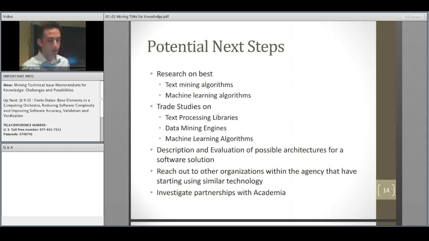Some potential next steps would be to just do some research and figure out what the best text mining algorithms and text processes are that we need for our solution. Perform trade studies on libraries and engines that we could use.